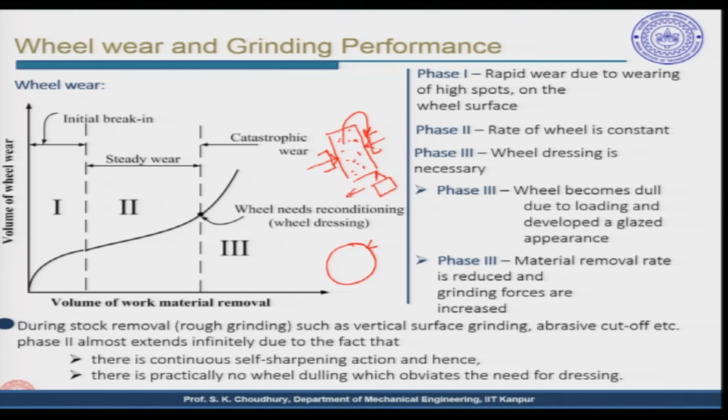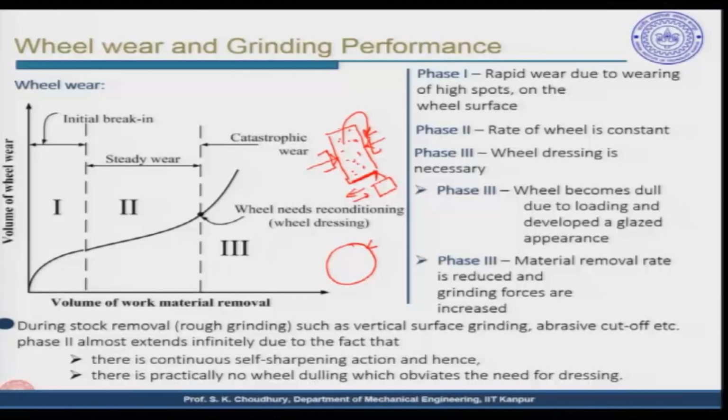This diamond pin goes to and fro to remove the outer layer, where because of the wheel glazing we have the worn out grains, or because of the wheel loading we have the chips embedded in the structure, that means in the voids, the space between the grains.